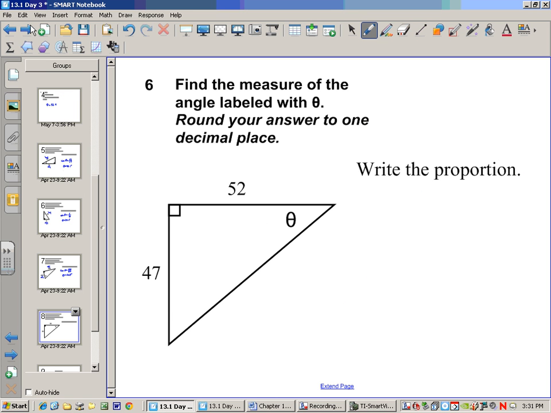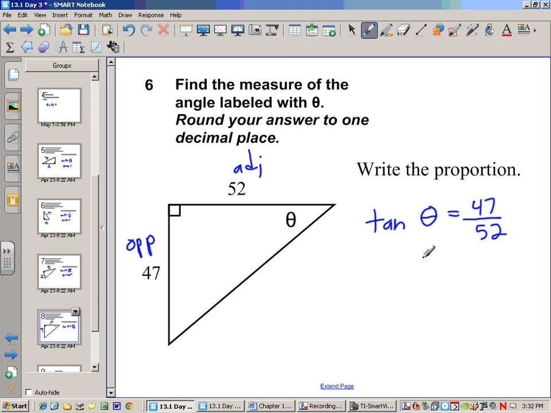All right, let's try one more. Pause the video, see how you do. All right, hopefully you're done. This side is opposite. Over here is adjacent. So opposite over adjacent is tangent. Tangent of theta will be 47 over 52.